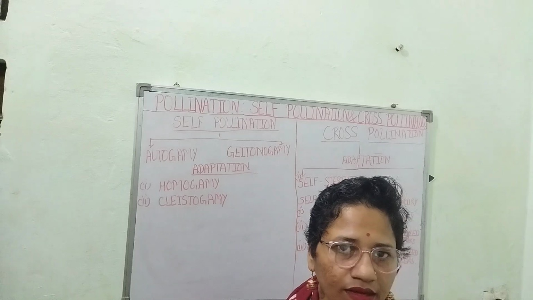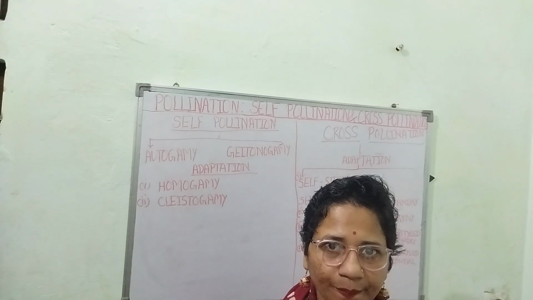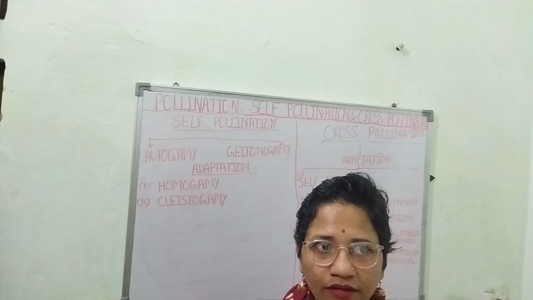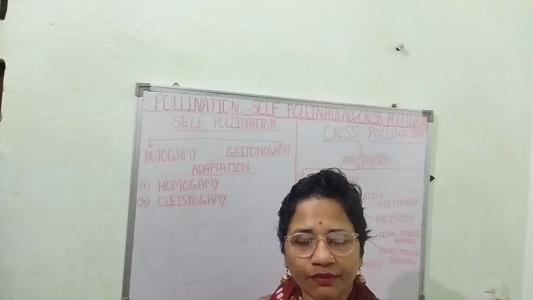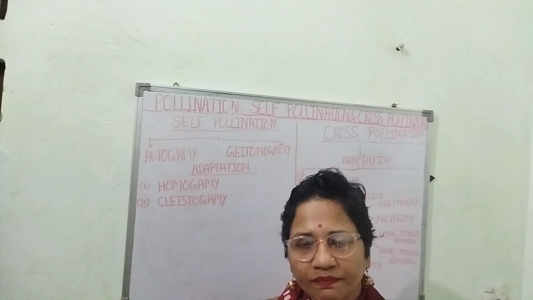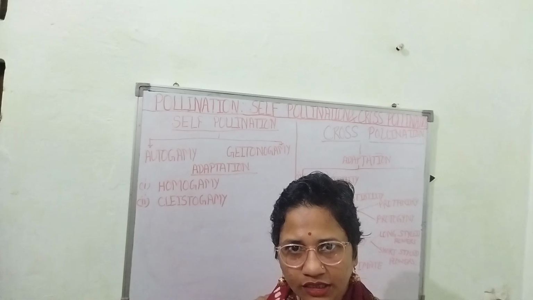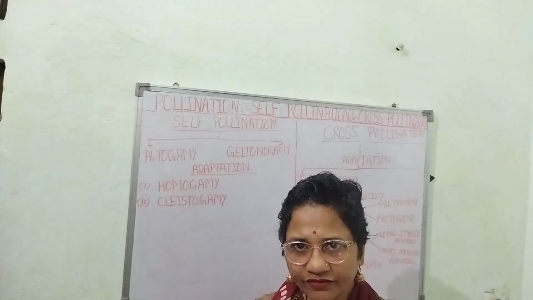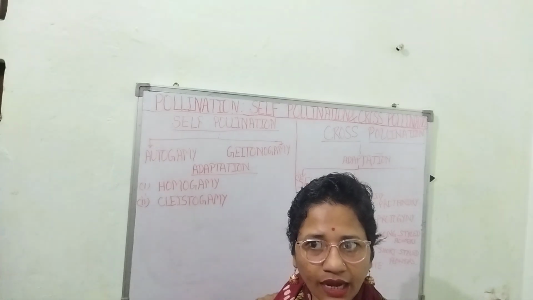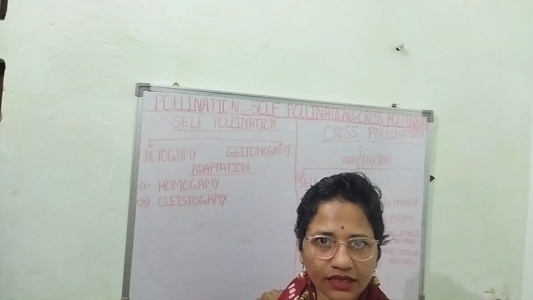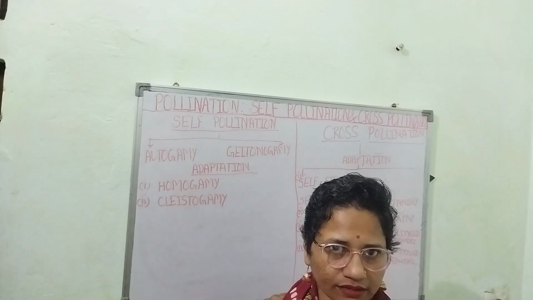Chasmogamous flower means the normal flower. In some cases such as Commelina and Viola, and other plants which have subterranean, underground rhizomes, there are cleistogamous flowers which never open their buds, and pollination occurs in the closed bud.